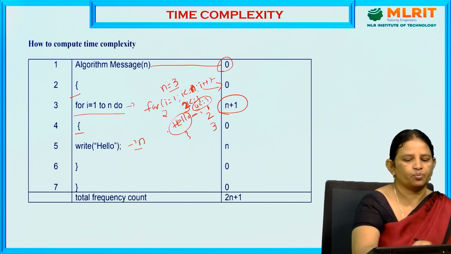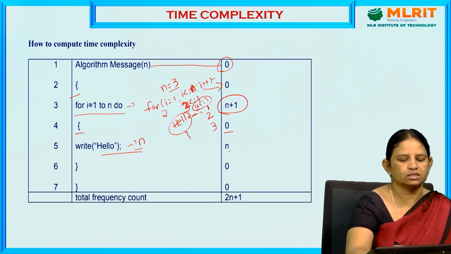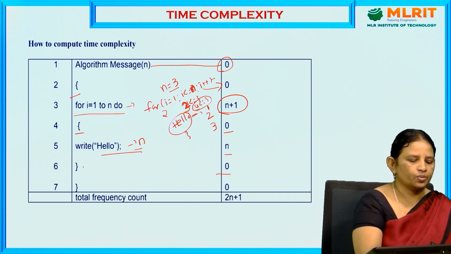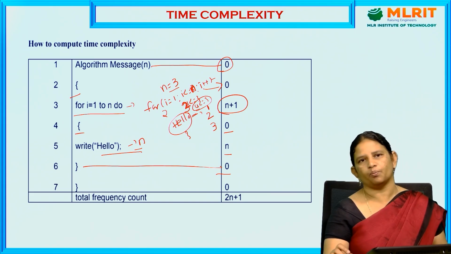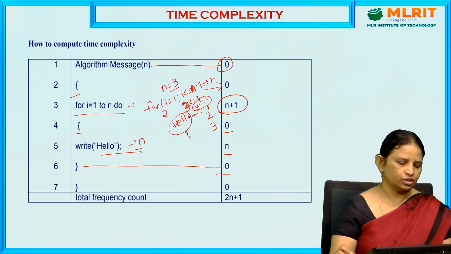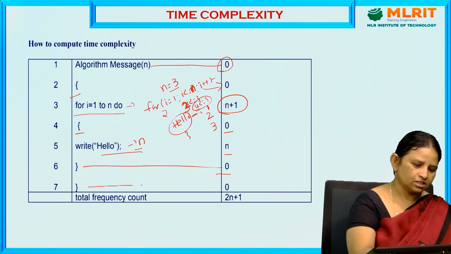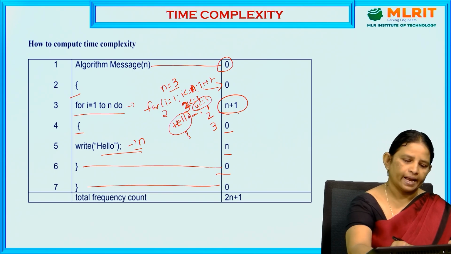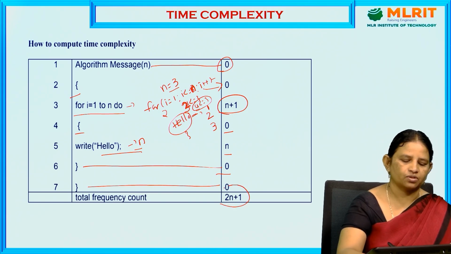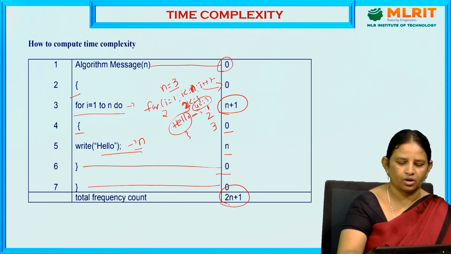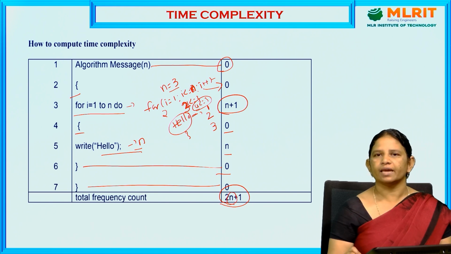So the opening brace is 0 times, hello is n times. Then the closing brace is also never executed by the compiler, so the frequency count is 0. Again, the closing brace is executed 0 times. N plus 1 and n, so 2n plus 1. For the total time complexity, we always consider the higher order.